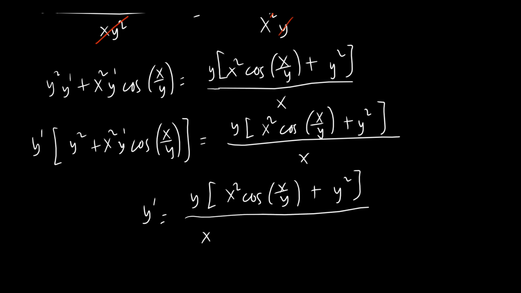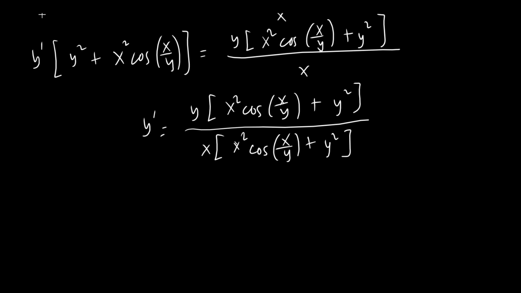x multiplied by y squared. So we'll now arrange, so x squared y prime. My fault, this is x squared, right, because we factor out x squared y prime, we factor out y prime right here, so we have x squared cosine x over y plus y squared.